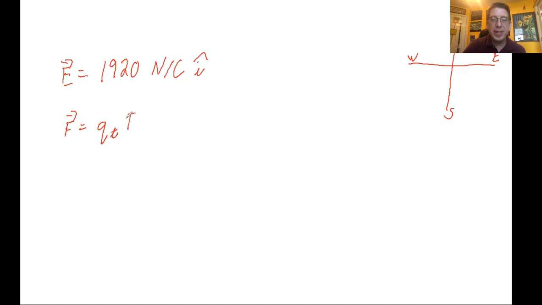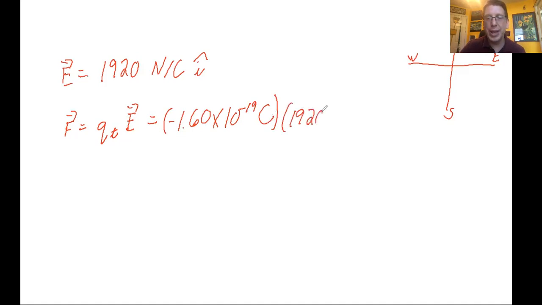So the electric force is q_t multiplied by the electric field. So the test charge is the electron, so that's negative 1.60 times 10 to the negative 19 coulombs. And again, it's the vector equation, so the signs matter, no absolute value signs. And multiplied by 1,920 newtons per coulomb.